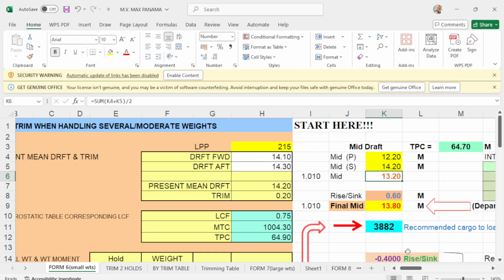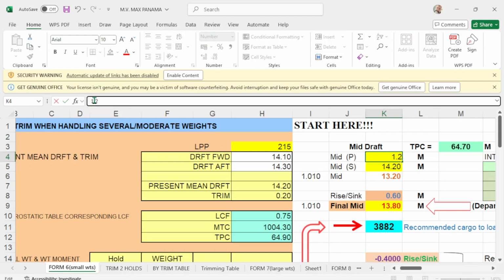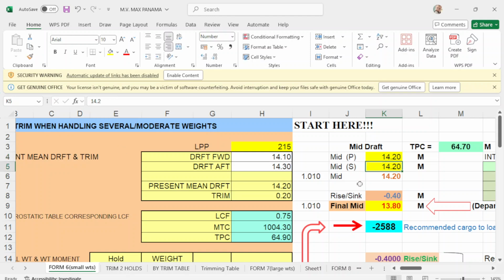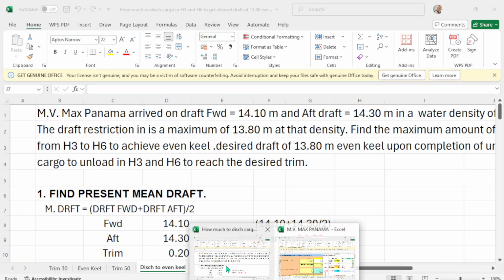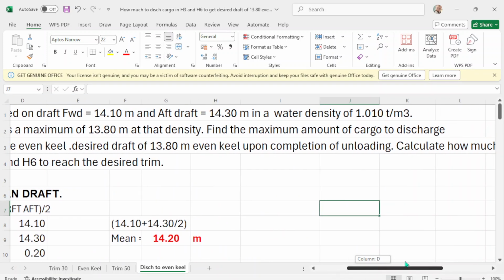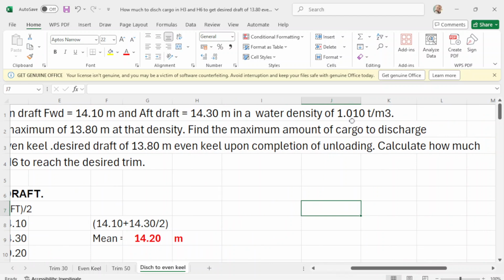Okay, no list. So your mid draft is 14.20, and your local density when you arrive is 1.010.